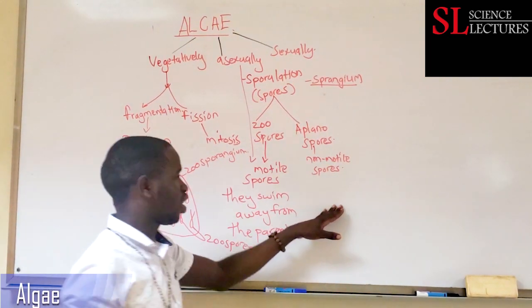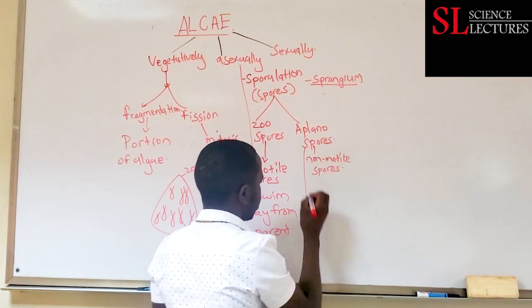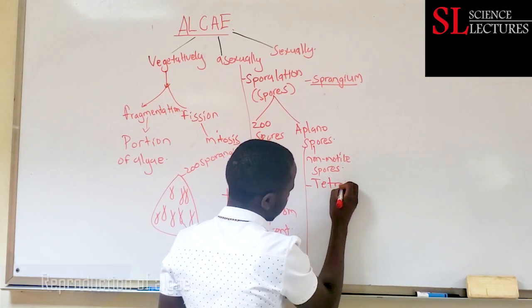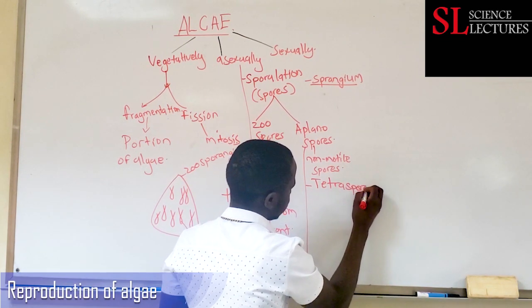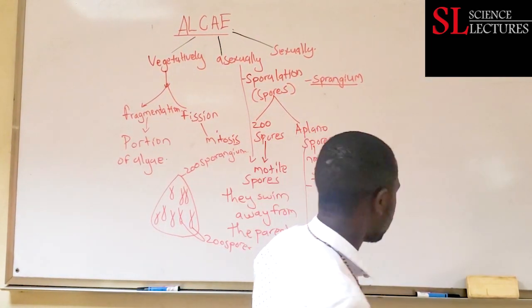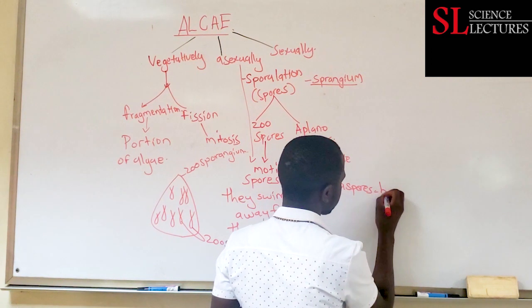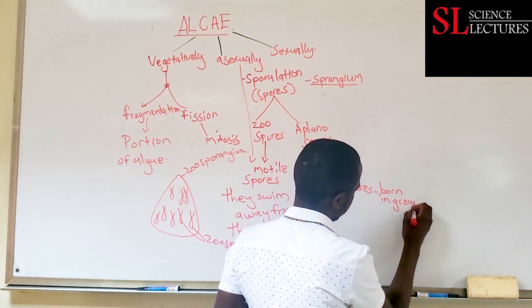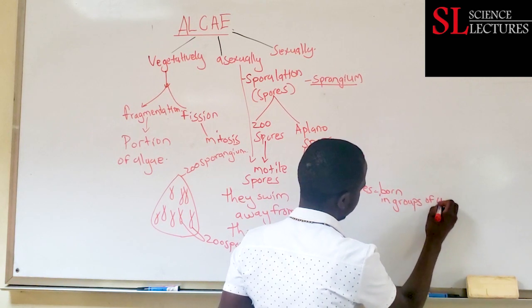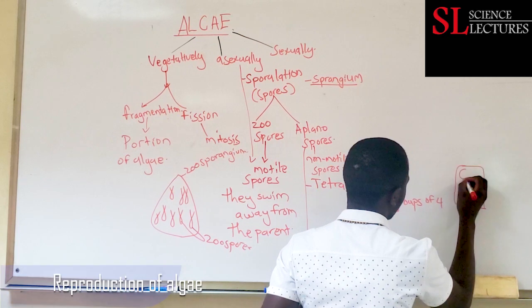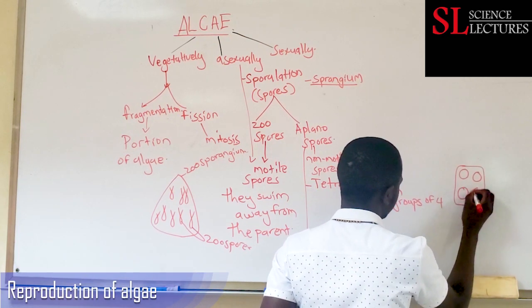And the aplanospores are of different types. Number one, you have what they call the tetraspores. These ones are born in groups of four. So you have a tetrasporangium, and you have 1, 2, 3, 4.